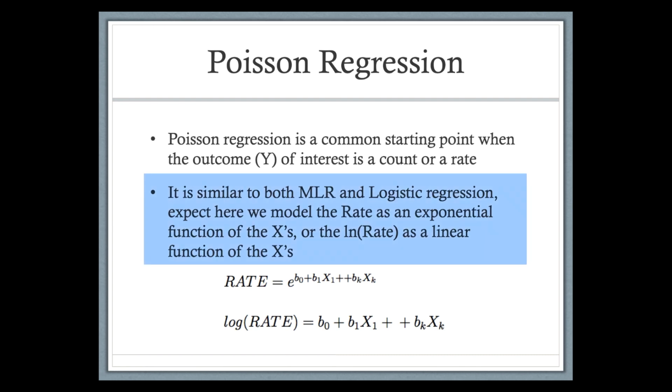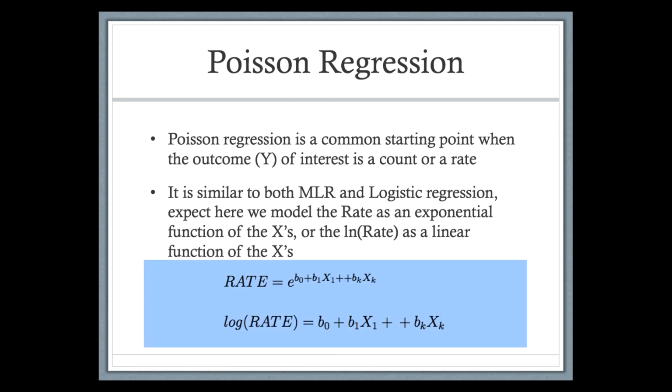The model ends up estimating the rate as an exponential function of x variables, or the log rate as a linear function of x variables. Looking at these two, you can see they look pretty similar to what we saw for linear or logistic regression. So in concept, things are going to be pretty similar. Some of the details will change, but conceptually it's very similar.